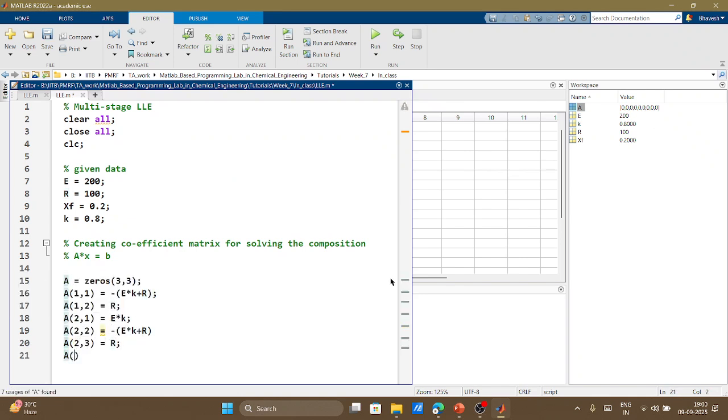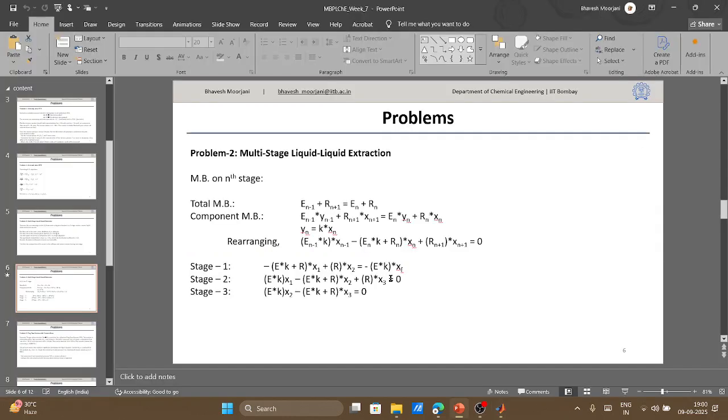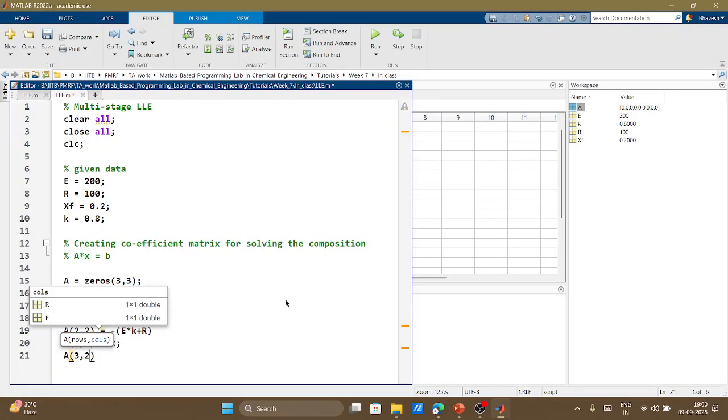And then moving on to third equation, now corresponding to x1 there is no coefficient, so it will be 0, so I don't have to provide it.